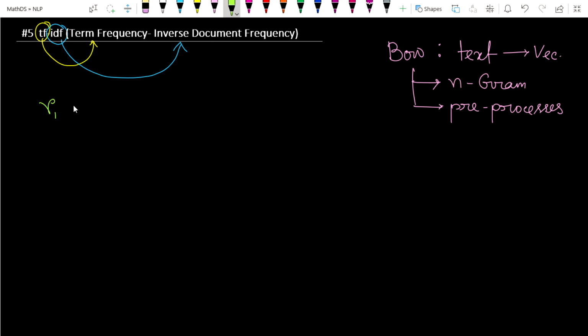So we have a review R1, which is a combination of the words W1, W2, W3, W2, W5, suppose these five words. And another review sentence R2, whose words are W1, W3, W4, W5, W6, and W2.